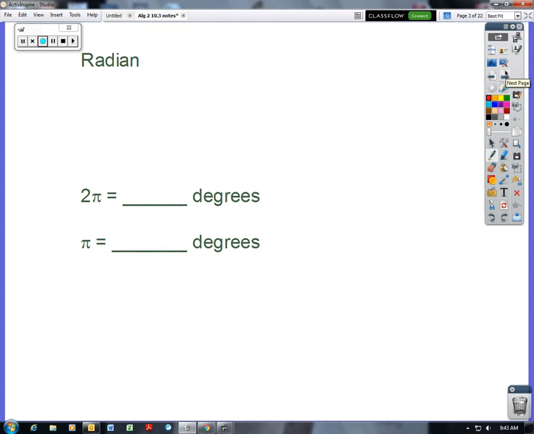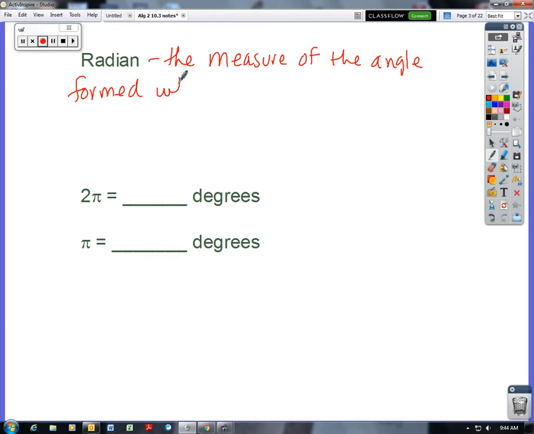Okay, so as we saw on the paper plate activity, we defined a radian, which is the measure of the angle that's formed when the arc length has a length of 1 radius.